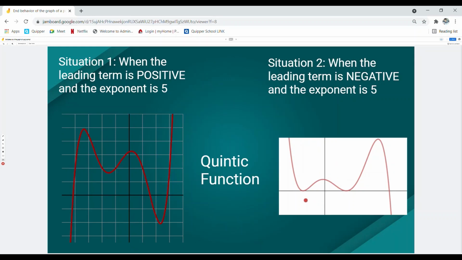You will still notice that since it's a fifth degree, you will have 4 turning points or curves: 1, 2, 3, 4. So when you graph a polynomial function of degree 5, it will look like this or like this, depending on whether the leading coefficient is positive or negative.